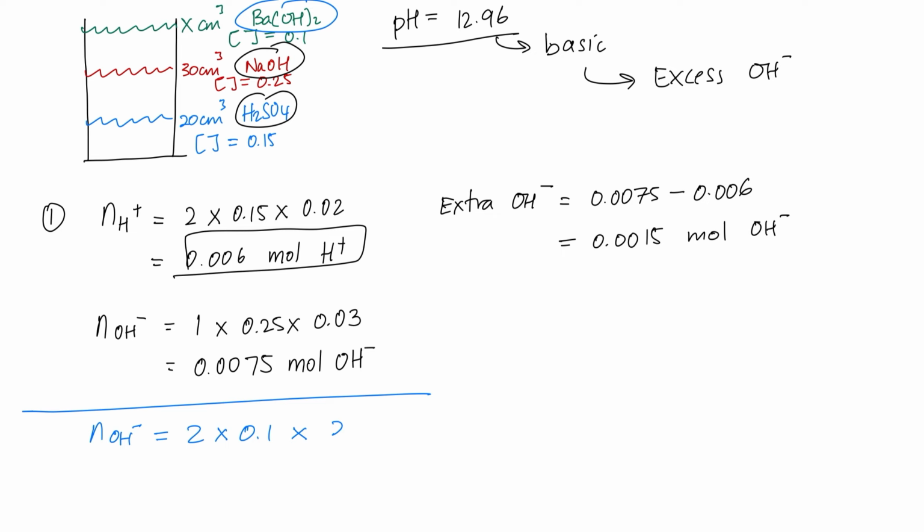Now x is in cm³, so we have to convert to dm³: x over 1000. Simplifying, 0.2 divided by 1000 gives 0.0002x moles of OH-.